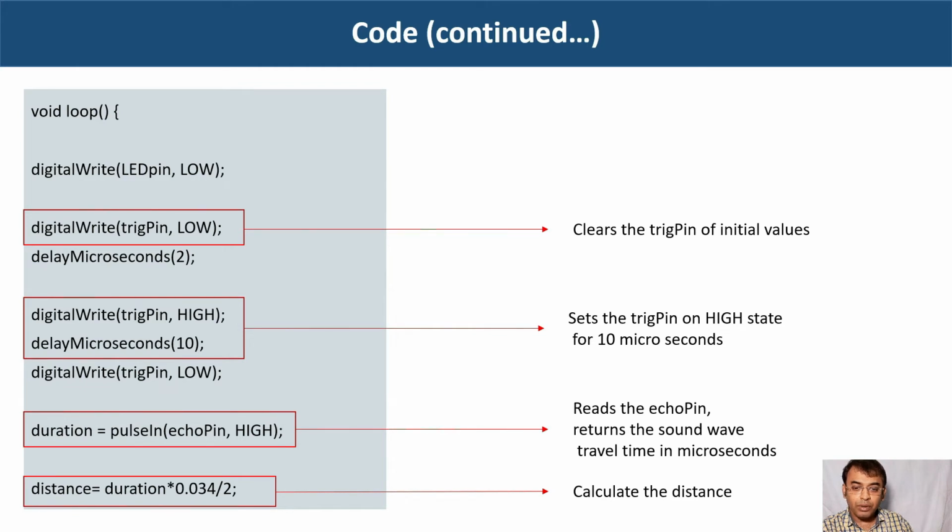So now the logic. So first we will initialize the trigger pin to low for 2 microseconds, and then set trigger pin as high for 10 microseconds, and once again set the trigger pin as low, right, and then the echo pin will receive the pulse and calculate the duration, and then duration is converted to the distance according to the standard formula.